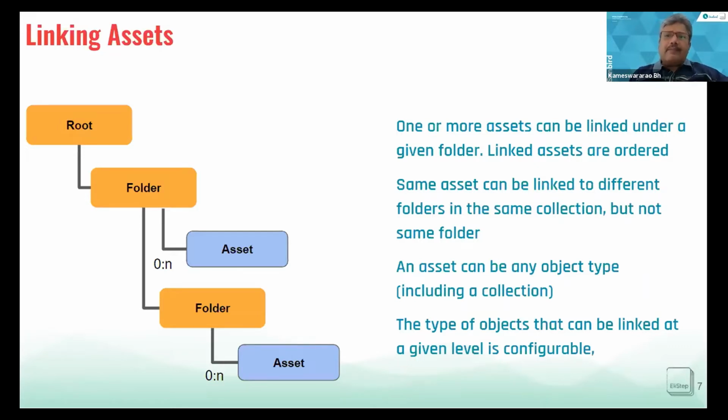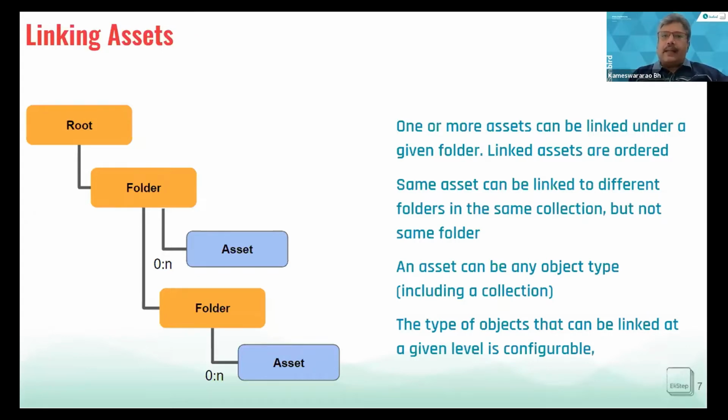And the same asset can also be linked to multiple folders within the same collection or across collections. Of course, the same asset cannot be linked more than once in the same folder because it's a set, right? And it doesn't make sense to have the same asset linked twice in the same folder. And like I have mentioned earlier, an asset can be of any object type, which includes a collection.